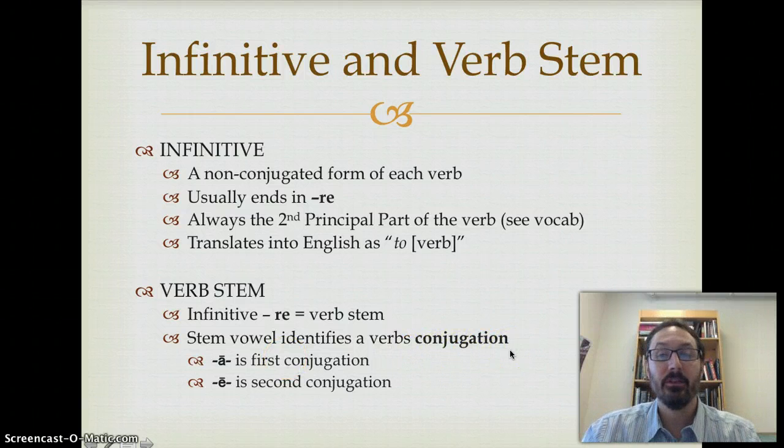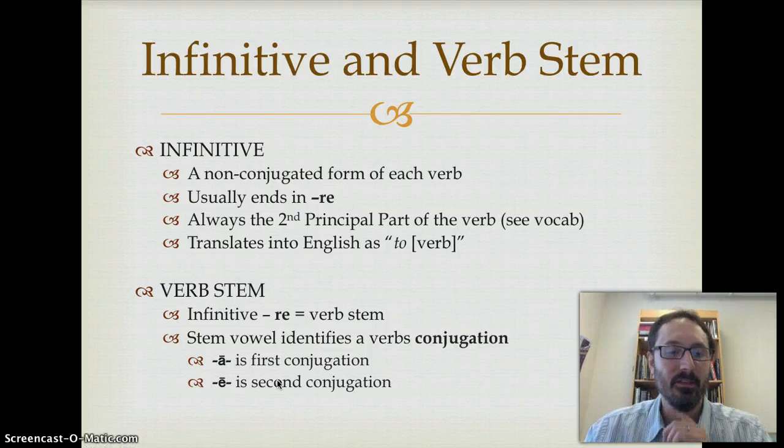Conjugation is a family of verbs that all act the same way. So if that stem vowel is an a, then your verb is first conjugation. If your stem vowel is an e, your verb is second conjugation. They're not named with very exciting names. First and second isn't the most fun name in the world, but that's what they're called, first and second.